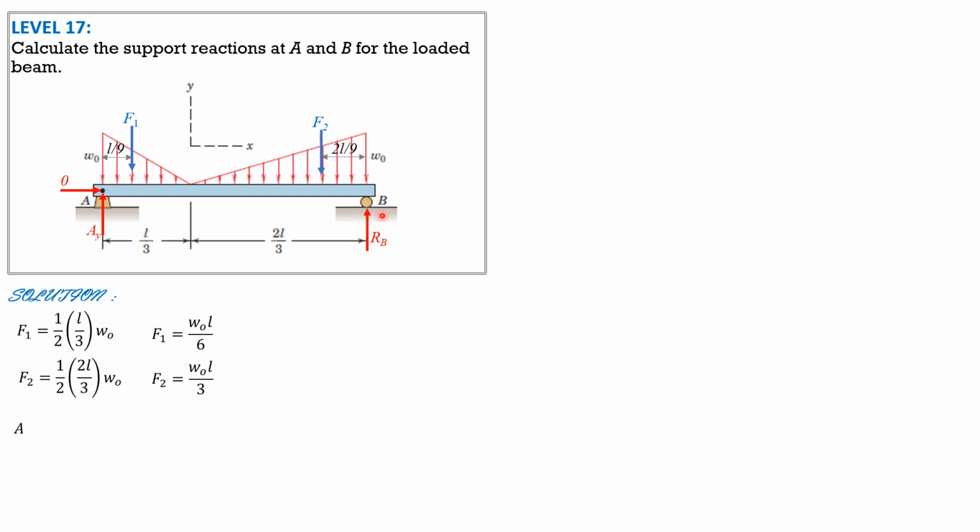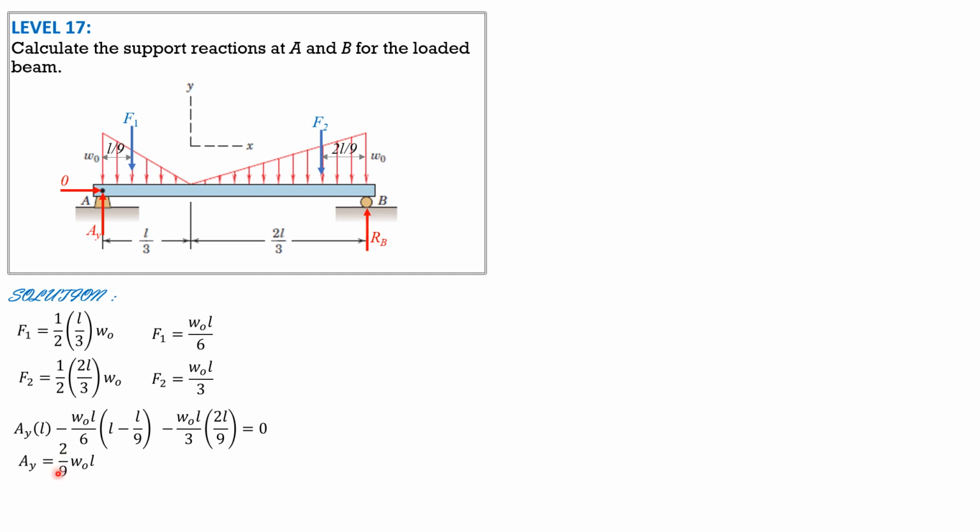Then summation moments about B equals 0, AY times L minus F1 times quantity L minus L over 9 minus F2, WOL over 3, times 2L over 9 equals 0. So from there, we can solve AY, which is equal to 2 over 9 of WOL.